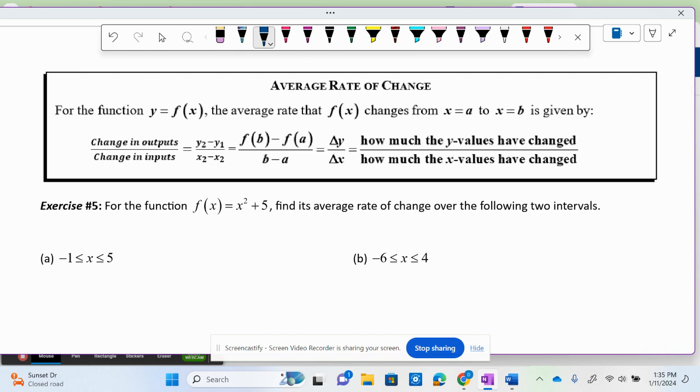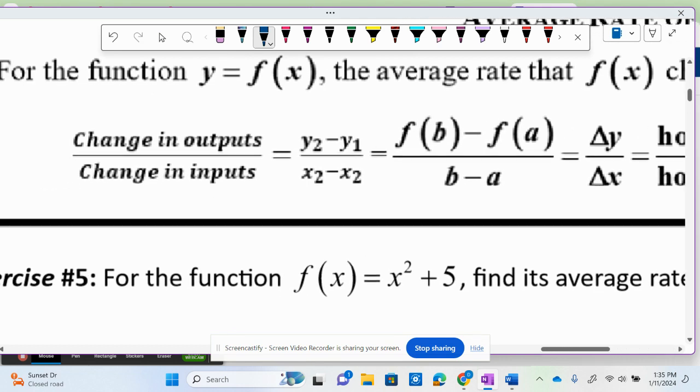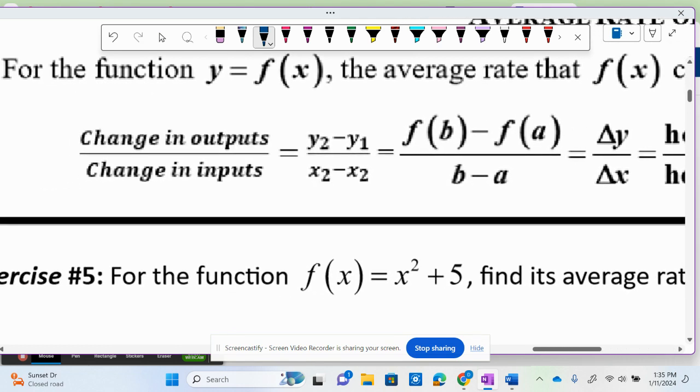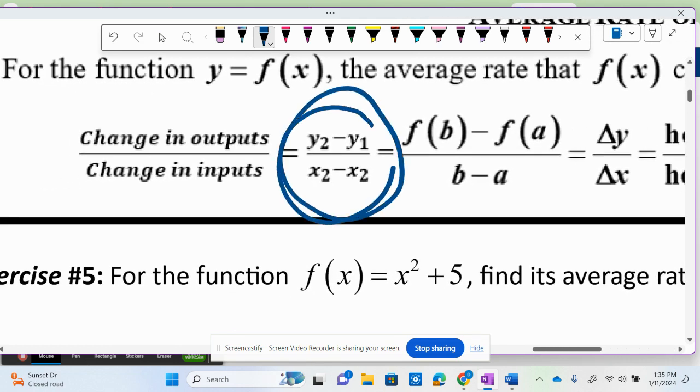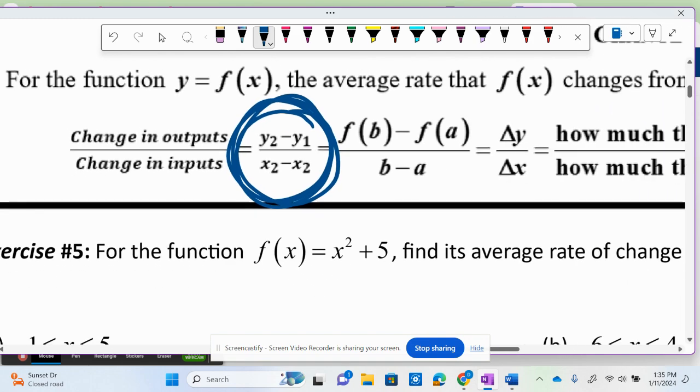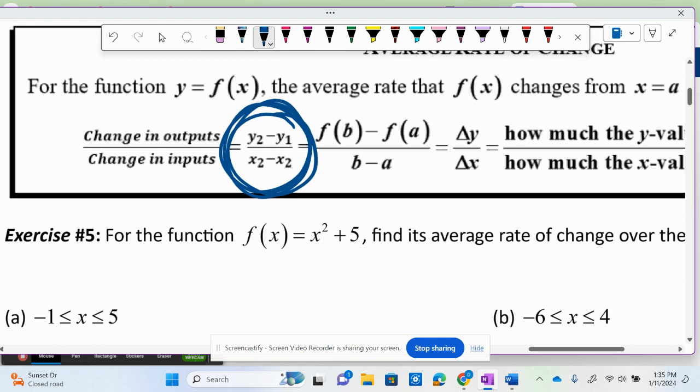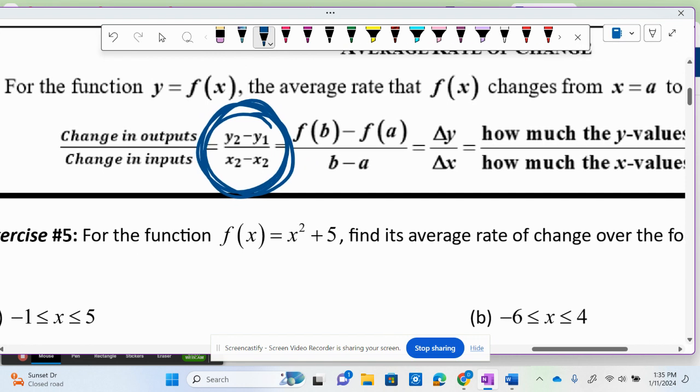I don't know why, but whenever you guys see the words average rate of change, I think it's the word intervals, over an interval, that throws you off. But average rate of change, does anyone see anything familiar about any of those equations up there or formulas? Does anyone know what average rate of change really means? Well, what if I were to put this in front of it?